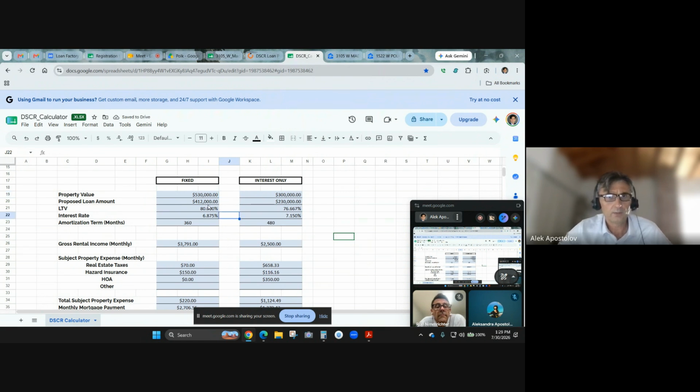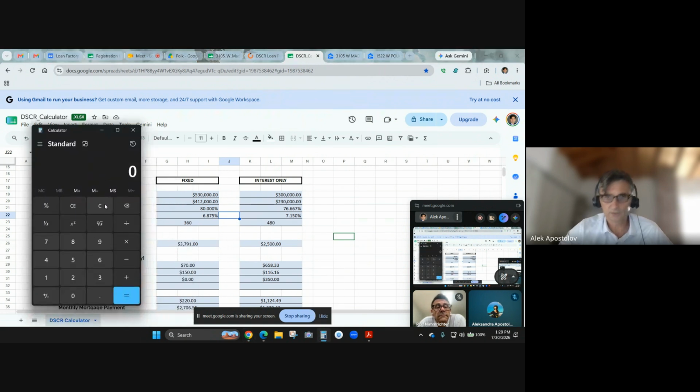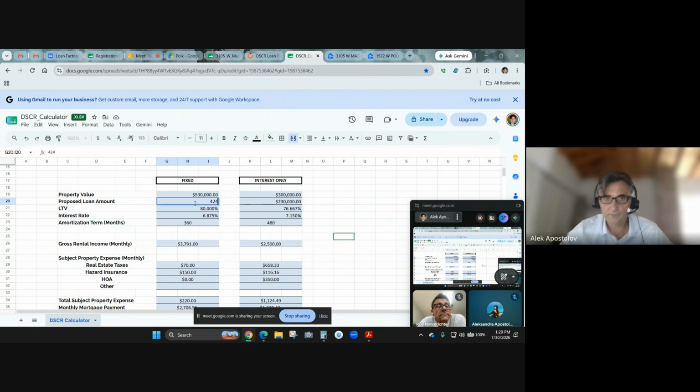And the loan amount, again, let's say it's going to be at 80%. So on 530, 80 LTV, the loan amount is going to be 424. And let's say we can get the same interest rate, which should be right around there. That's the value we're getting for the rent.